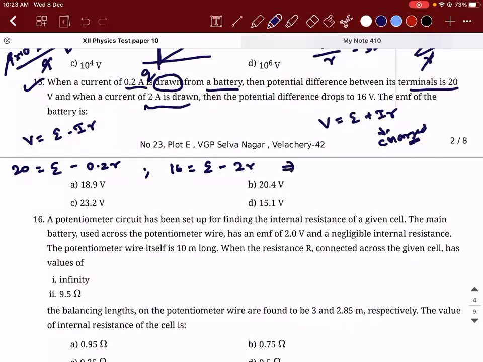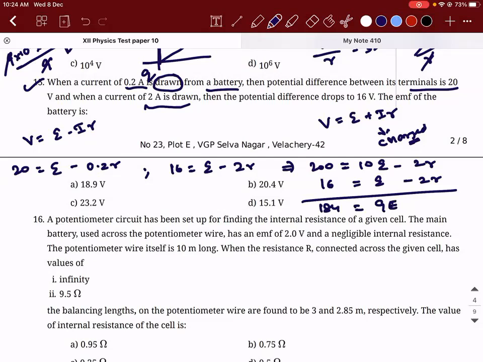It becomes 200 is equal to 10E minus 2R. So you have 16 is equal to E minus 2R. Subtract both. 200 minus 16, 184 is equal to 9 times E. So E is equal to how much, guys? 184 by 9.